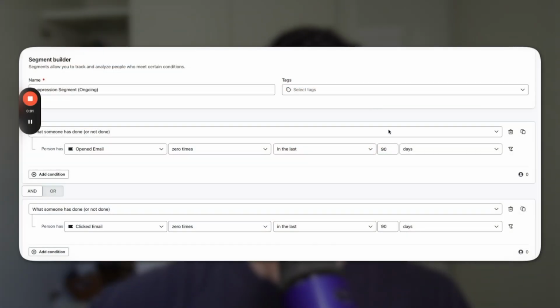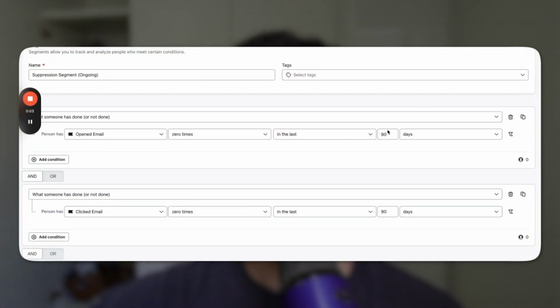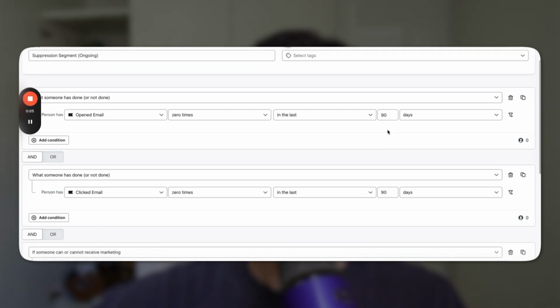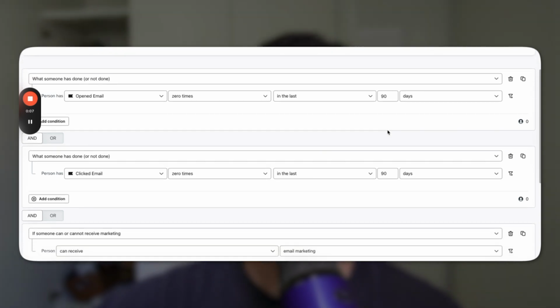The definition of the segment, I'm going to walk through it right here. What we have set up is what someone has done: person has opened email 0 times in the last 90 days. And it's important, the word "and" here, because you can have what's called an and condition or an or condition. And meaning they also have to meet the next criteria.